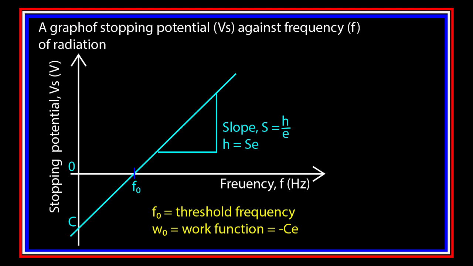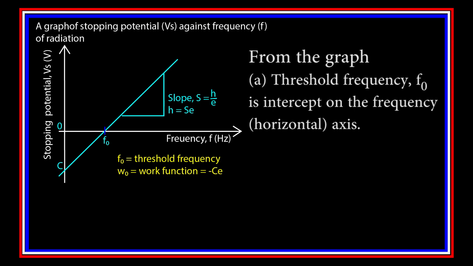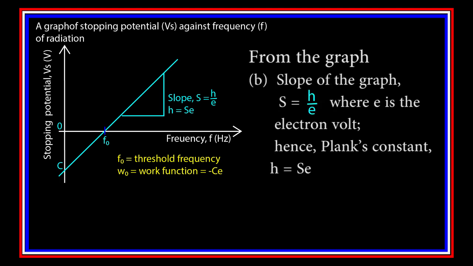The following information can be obtained from the graph. A. Threshold frequency f0 is the intercept on the frequency or horizontal axis. B. The slope of the graph S is equal to h over e, where e is the electron charge.